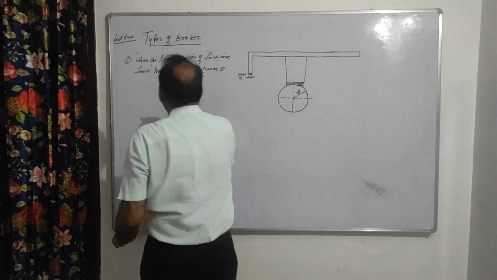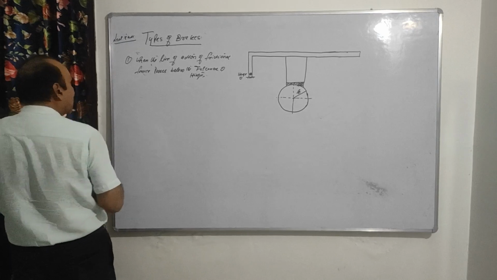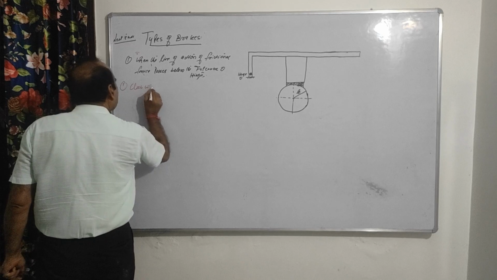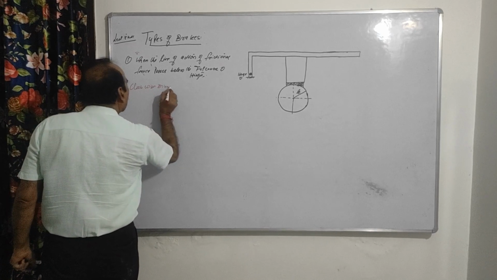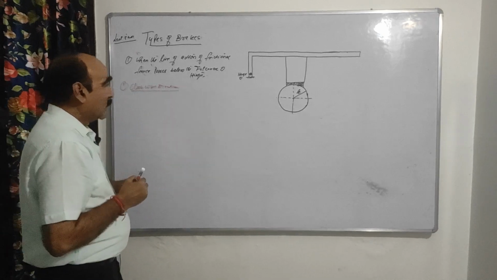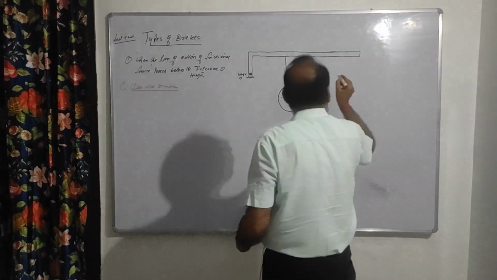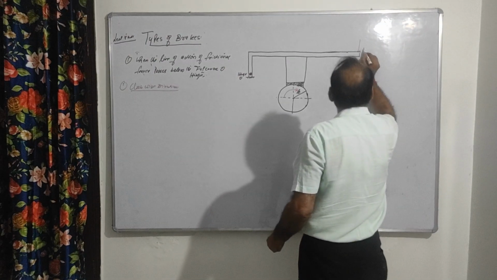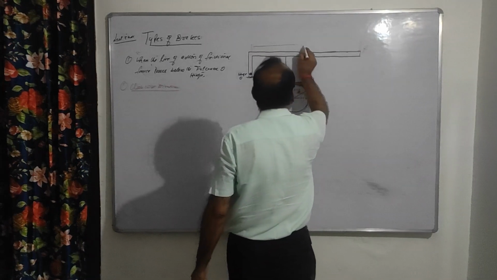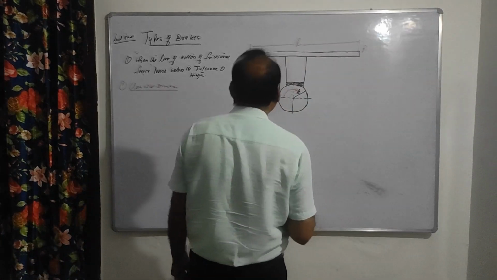Suppose in the first case I take the drum rotating in the clockwise direction. This is your first case, the clockwise direction. Here is your force P on the lever, and its distance from here to here is L, right?